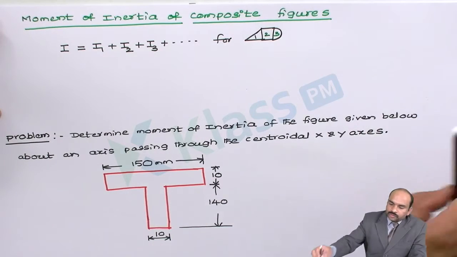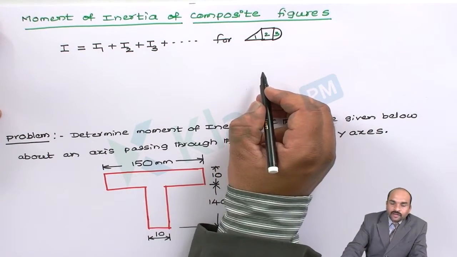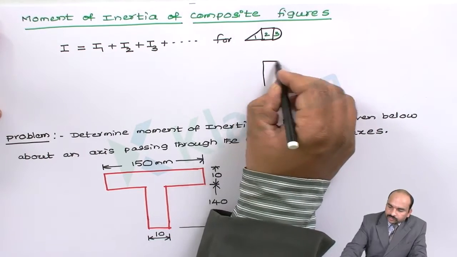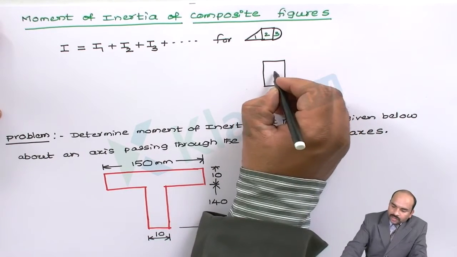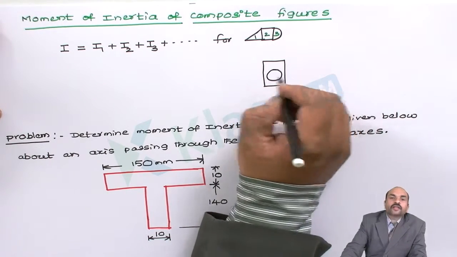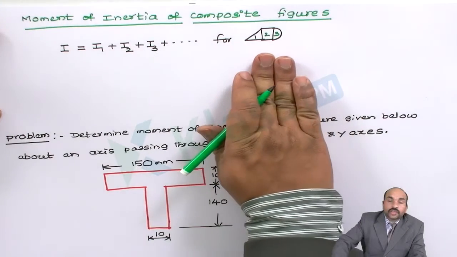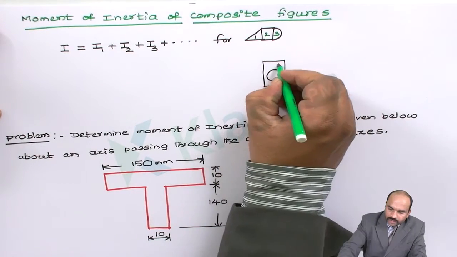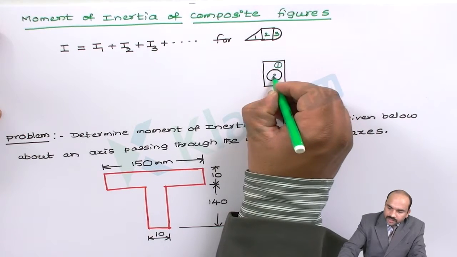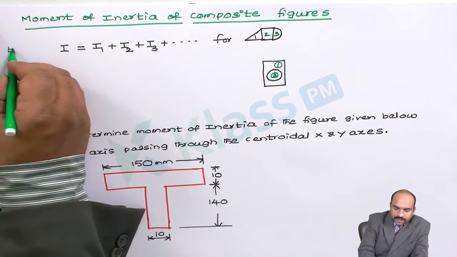Now for example, if the diagram is given like this, and let us say inside there is a circular hole. Including this hole, we take this as 1, and the hole as 2. Now these are examples.